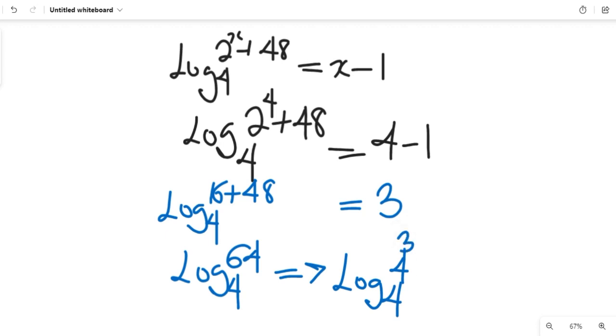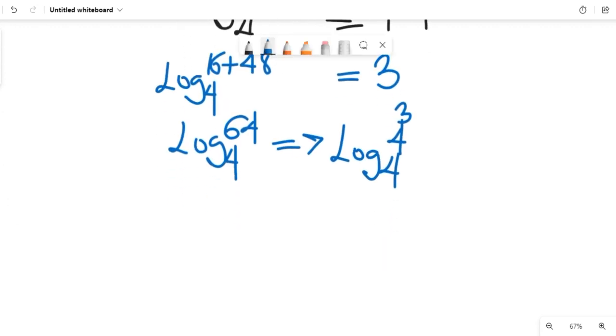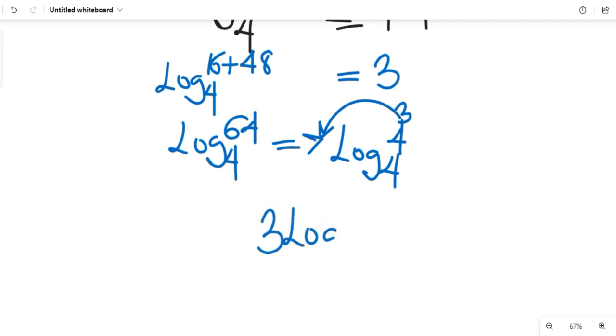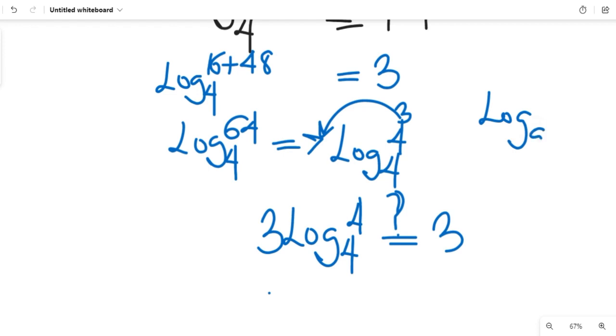Normally the 3 will come over here, and this will give us 3 log of 4 base 4. Remember, this must give us 3. Since log of a to base a is equal to 1, we'll have 3 times 1, which is still equal to 3.